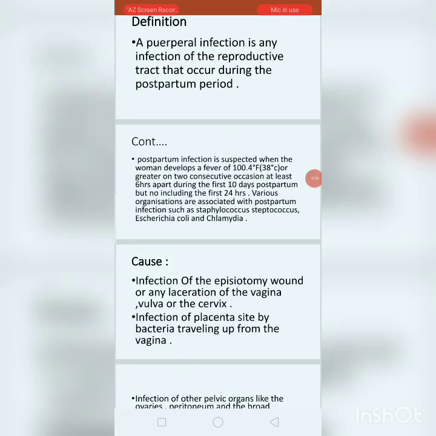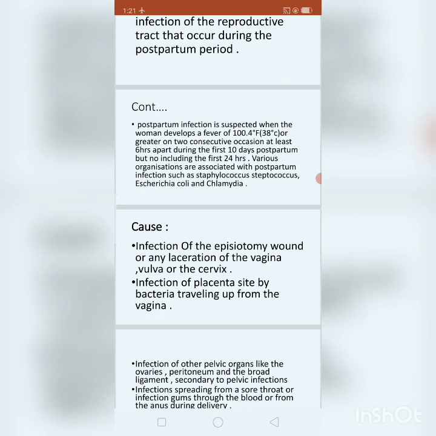My topic was postpartum infection or puerperal infection. It is a type of infection that occurs after the baby's birth or delivery, in the postpartum period. It is caused by bacteria, viruses, or infection due to episiotomy or laceration, infection in the placental site, any previous infection in the genital tract, infection in the throat, or urinary tract infection.